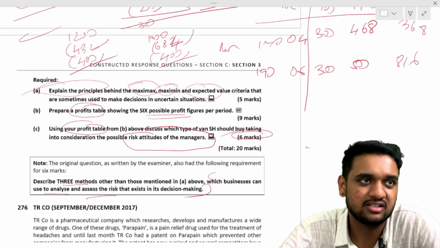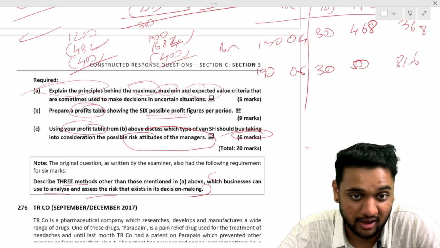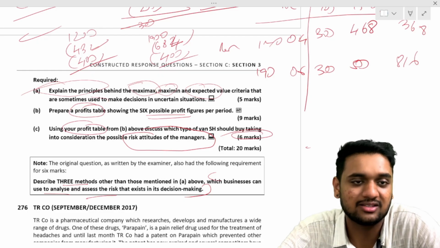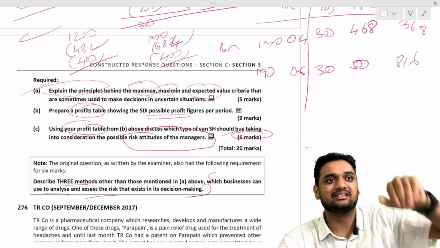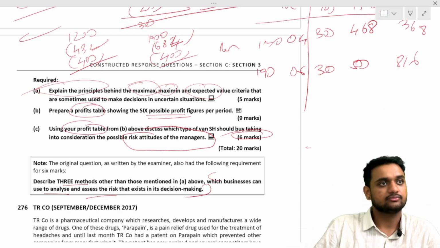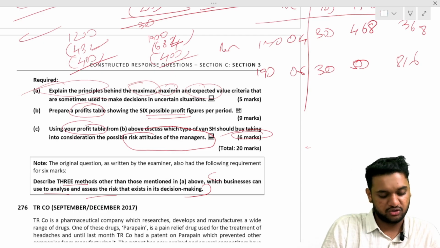Sensitivity analysis, simulation, expected value is already given. Minimax regret. And I told you, some theory is there, that will also come here. Understood?